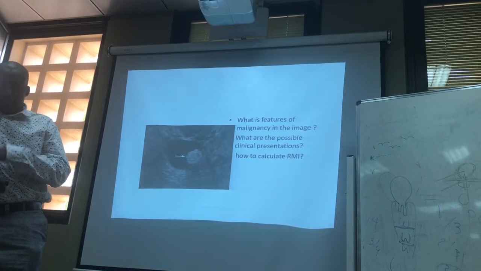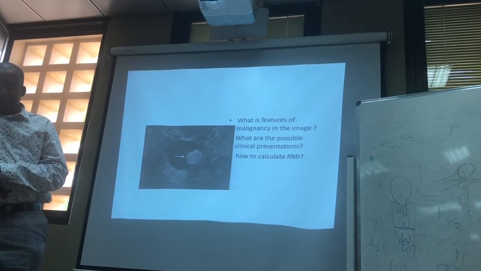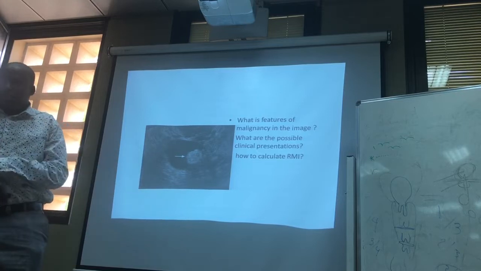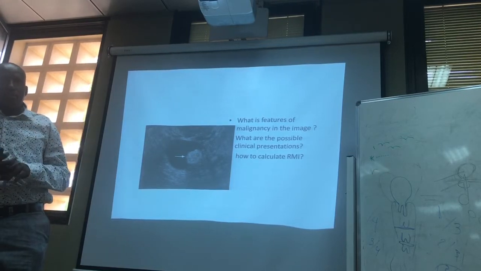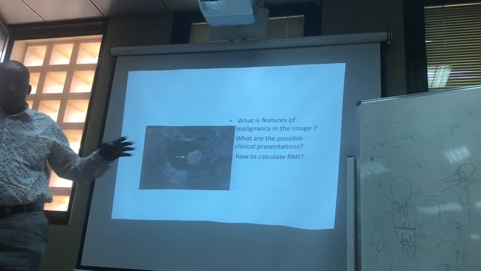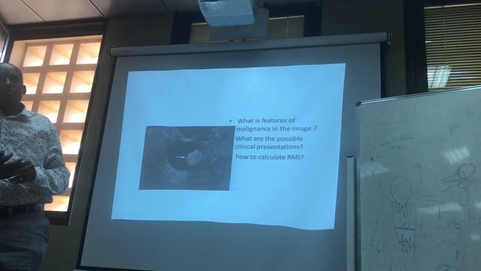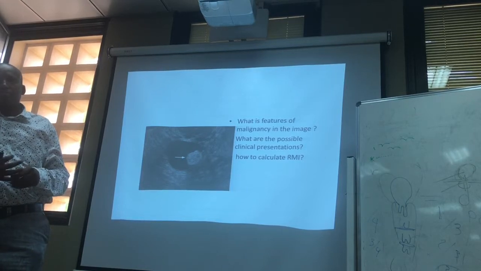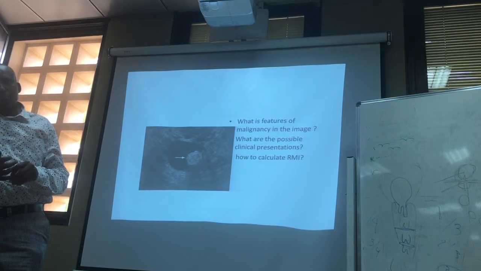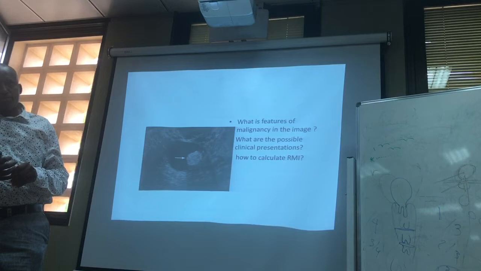What else are features of malignancy on ultrasound? Not asked here. Multilocular. Thick wall of the septum. Finger-like projection. Bilateral.